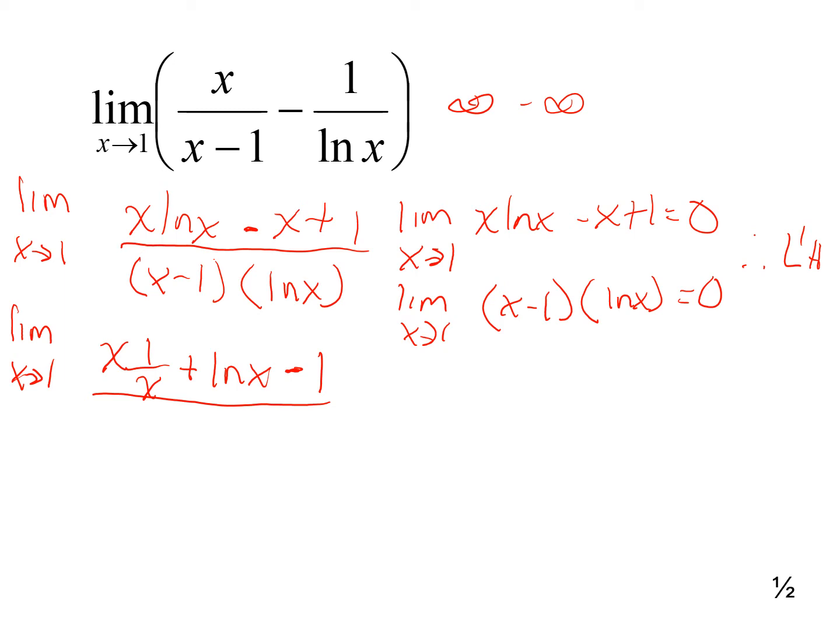I already know what that is. From here, I know that that's 1 plus the natural log of x. And then negative 1 times the natural log of x would just be negative 1 over x.